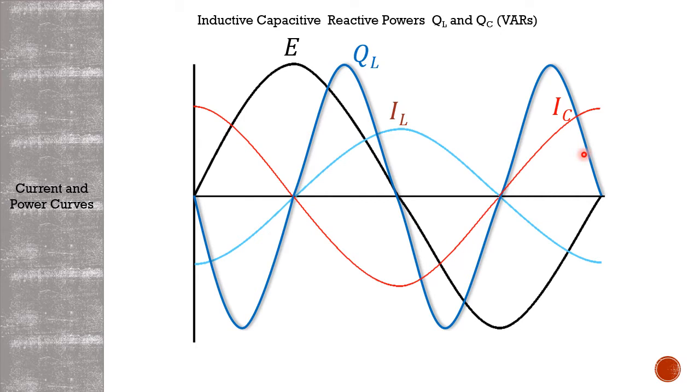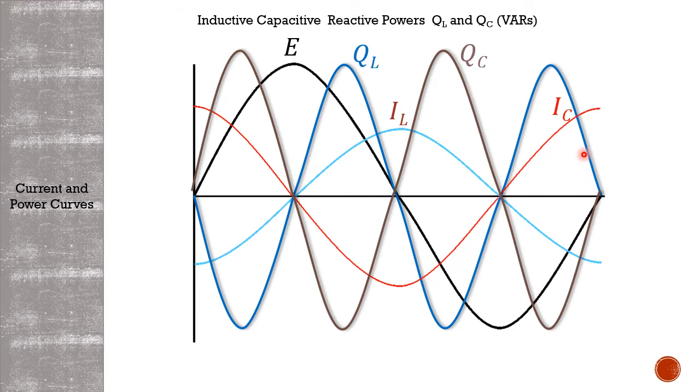Now when we multiply through and take a look at our capacitive reactive power, and this is what I was saying about it gets a little busy. As our voltage is going up, our current is positive. So here in the first quarter, my capacitive reactive power is positive.